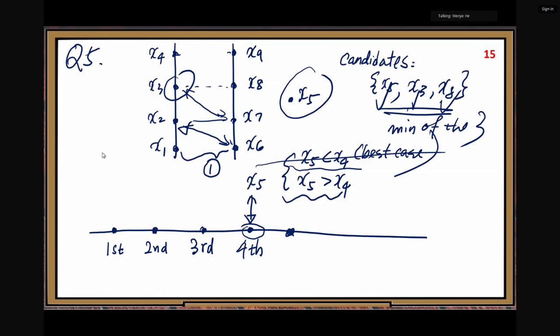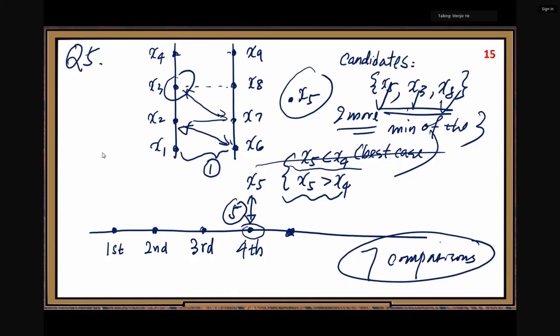I want to complete this in 1 minute. x5 compared with x4, is this comparison number 5? Four comparisons are already used. To find the minimum of the three, you need two more comparisons. Adding together, in this method you need 7 comparisons. That's not the best solution; the best solution is 6 comparisons.